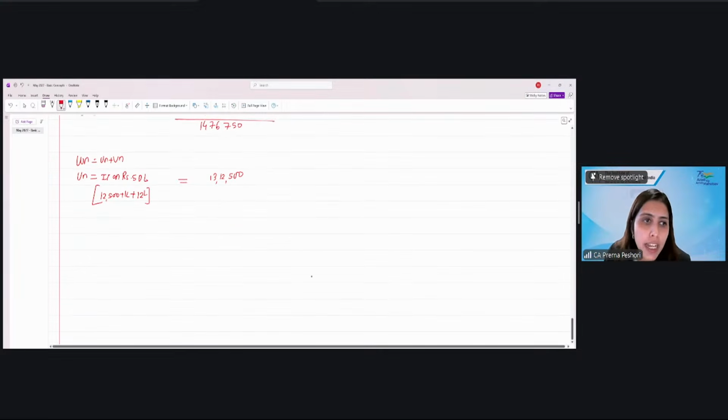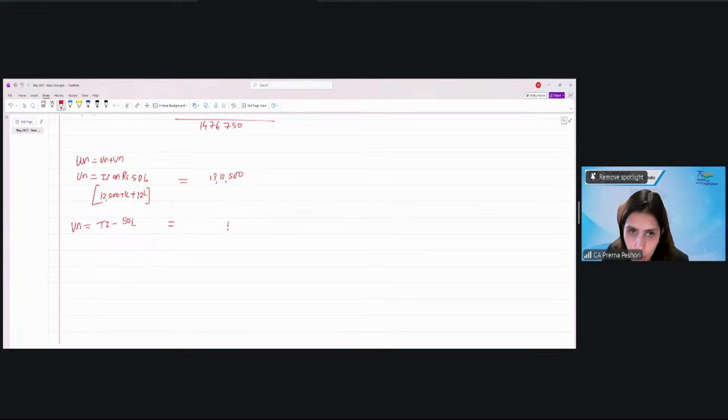Now how much is my income increasing? That is my VN, which is basically total income minus 50 lakh, 1 lakh. So UN plus VN comes to 14 lakh 12,500.